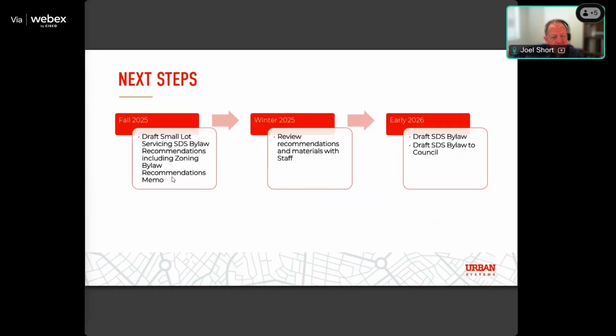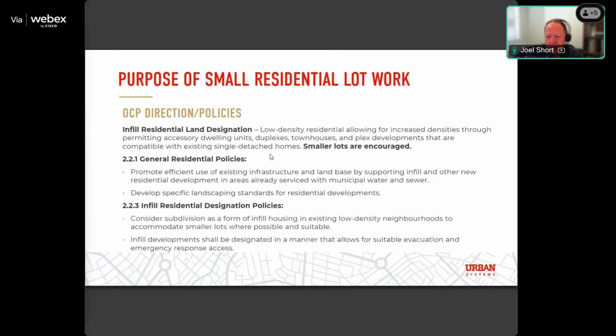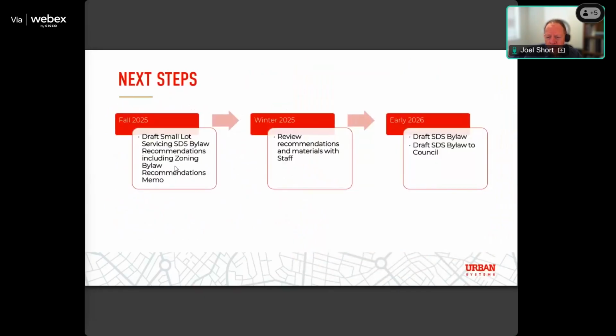If you get really narrow lots, like the example we showed here, Pinnacle Crescent, then we may need to do a bit more thinking about the servicing conflicts and some approaches to those things. Maybe we have to think about where we're putting the utilities and how we address those.